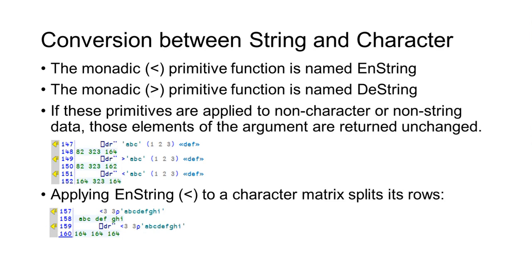As you see on line 147, we're applying this and looking at the quad DR of each element of a nested array that contains a 3-element character vector ABC, a 3-element numeric vector 1, 2, 3, and a 3-character long string DEF. When we look at the quad DR of each, the first one is 82, a standard compact character array.